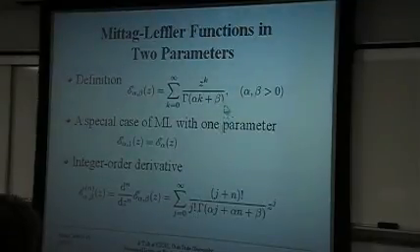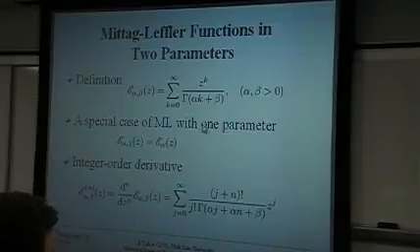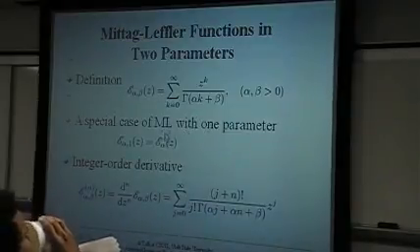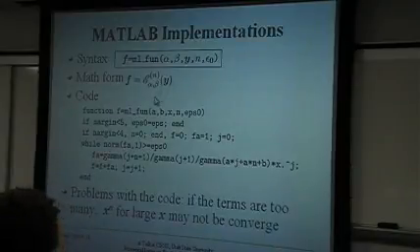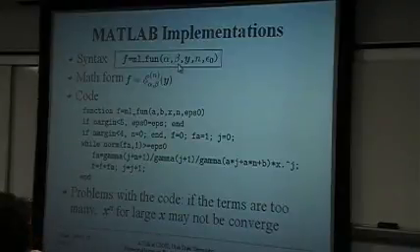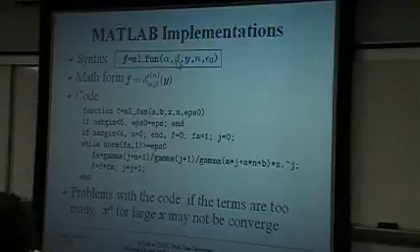Since I summarized this part, I think we'd better create a function called ml_func, and I'll write this function myself. In this function, we can specify alpha and beta for the two-parameter Mittag-Leffler function. For the one-parameter Mittag-Leffler function, we just assign beta to 1.